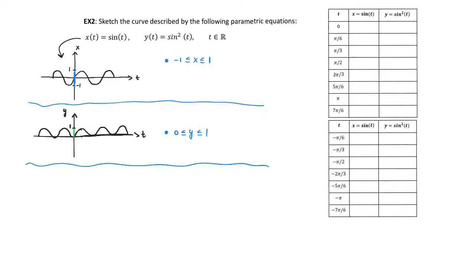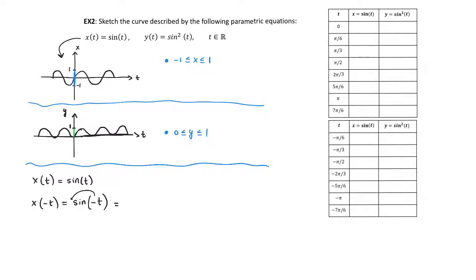Now let's investigate symmetry. We're going to start with the expression for x. We know that x of t is equal to sine of t. So then we're going to go ahead and see what happens whenever we consider x of negative t. X of negative t will be equal to the sine of negative t. But because sine is an odd function, then by definition of an odd function, this negative is going to come in front of sine.